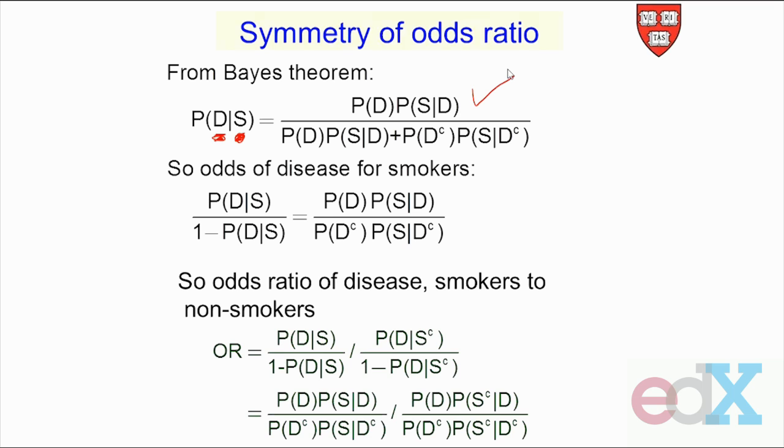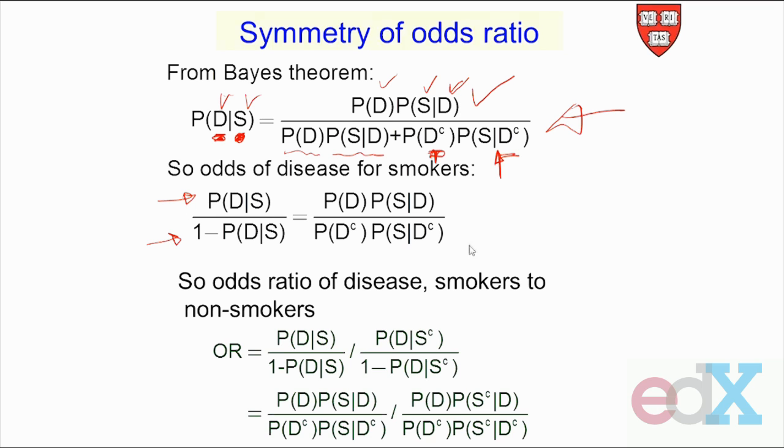It's the probability of the disease times the probability of being a smoker, given that you've got the disease. Here you want disease given smoker, and here you flip it around: smoking given disease. Then you put that same thing down here, and do it for non-diseased people. So the probability of not having the disease and the probability of being a smoker, given that you don't have the disease. So the odds, if this is the probability, are the probability divided by 1 minus the probability.